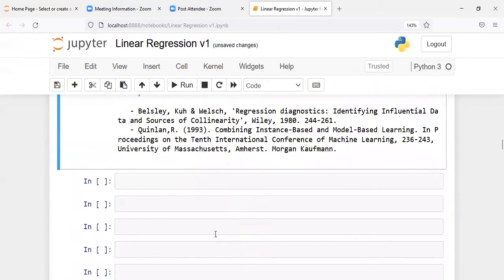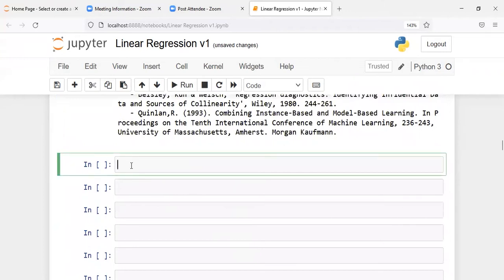Let me scroll down. When I scroll down, you can see an empty cell. In this particular empty cell, we will be writing additional codes to explore the data set. Before I explore the data set, there's a very important step that I'd like to do. What is this step?